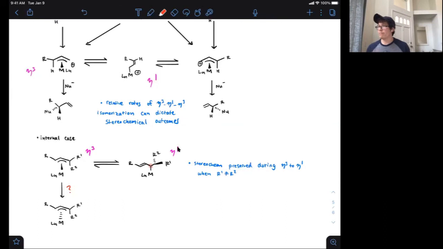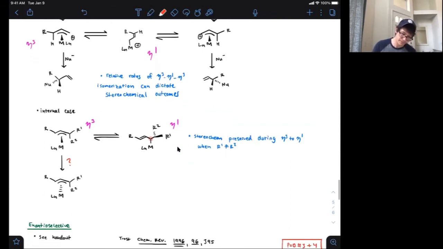And so this can go back and forth, but you don't lose any stereochemical information here, provided that R1 and R2 are different. But there is still a way by which stereochemistry can be inverted.